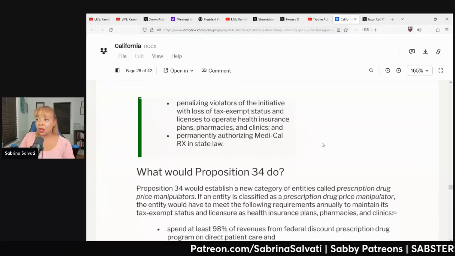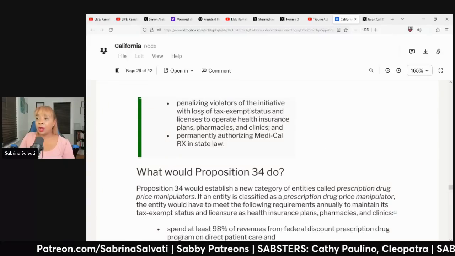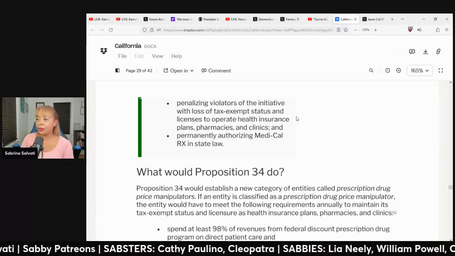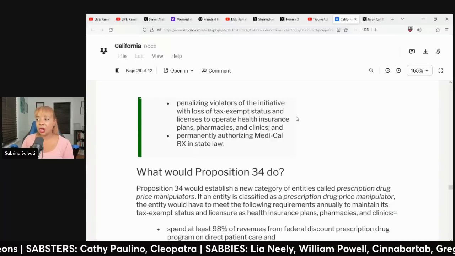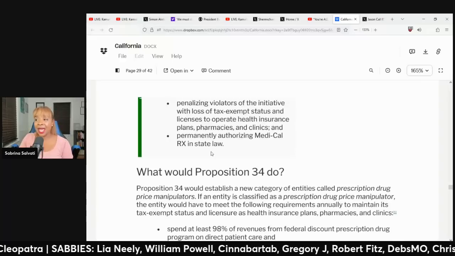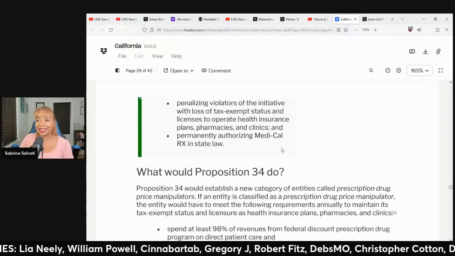It also penalizes violators of the initiative with loss of tax exempt status and licenses to operate health insurance plans, pharmacies, and clinics, and permanently authorizes Medi-Cal Rx in state law.